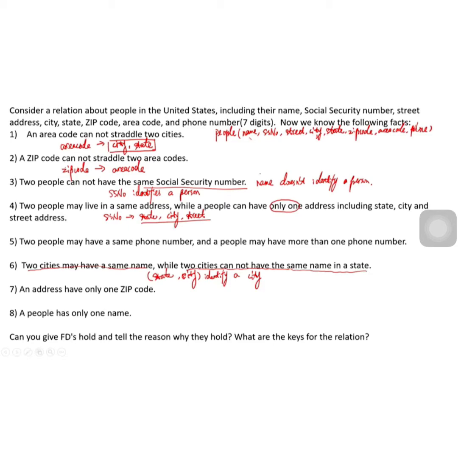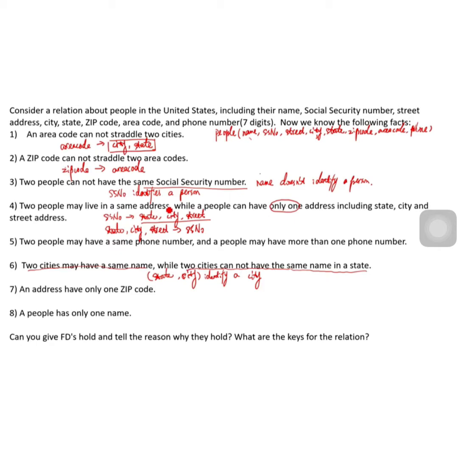Let's assert another one: state, city, street functionally determine SS number. Does it hold? Look at the fact: two people may live in the same address.